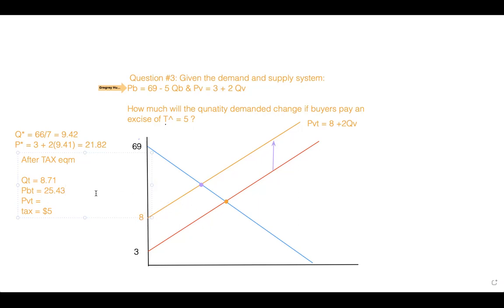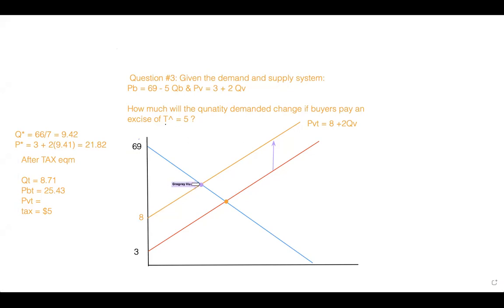To be clear, what we're looking at right now, who said they think that's the wrong thing? Was it you, Brian? Yeah, I got confused when you said the buyer's tax, but the 25.43 should be the vendor's tax. So look here where the purple dot is: we're looking at the intersection of the original demand curve and the shifted supply curve.